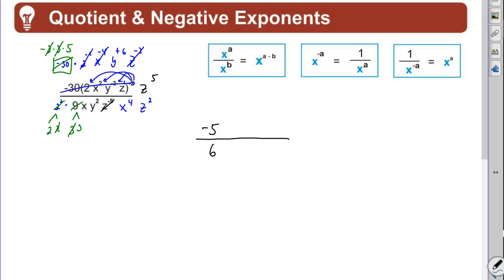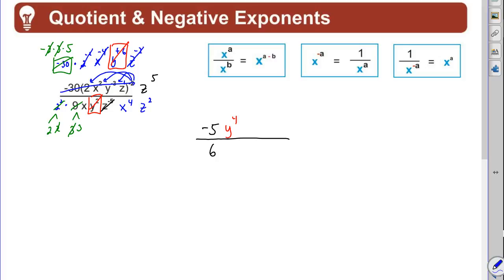Okay, as I would like to work the top, next thing I get to is this y to the 6th, and it's over a y squared. X to the a divided by x to the b equals x to the a minus b. So I subtract 6 minus 2, and I get a 4, and my y's are done. All right.